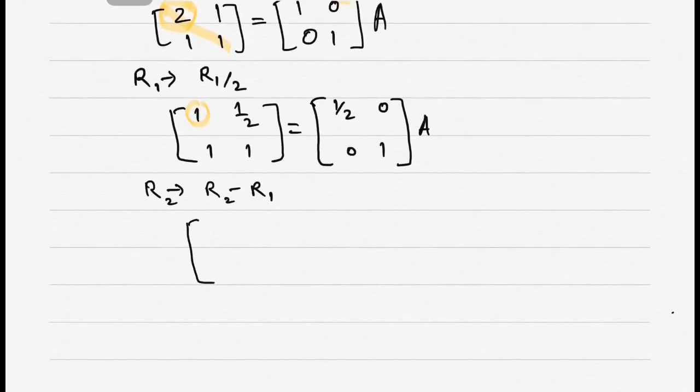So our second row will become 0, 1 minus 1 by 2, that is half.